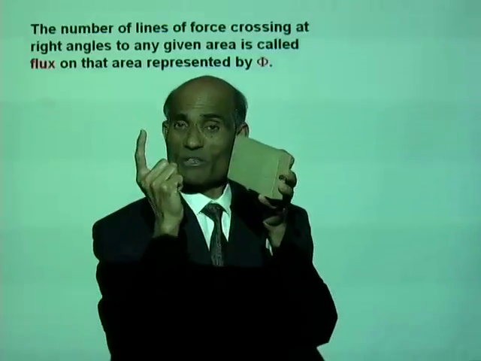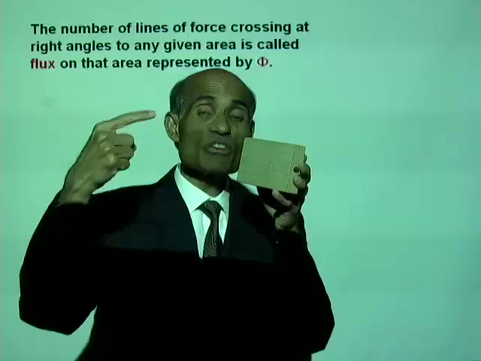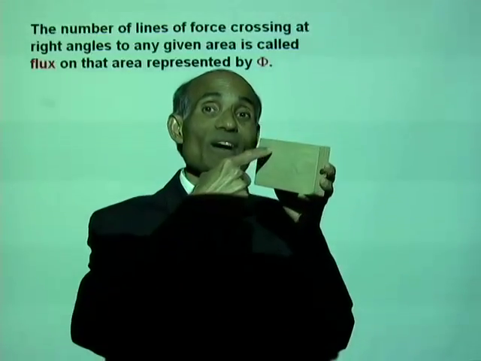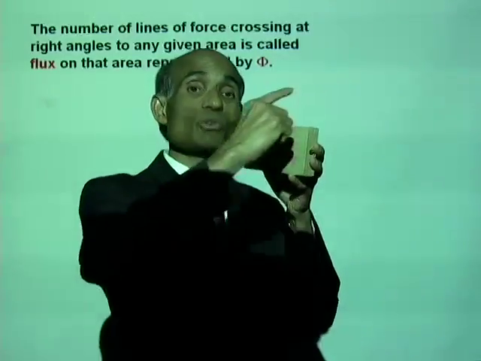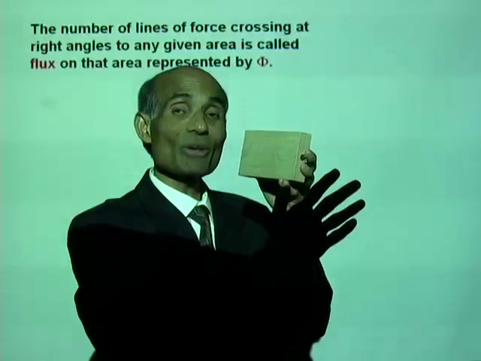You see, what did we say the electric field is? Electric field is the number of lines of force crossing unit area containing that point. But flux is the total measure of the lines of force crossing the entire area.